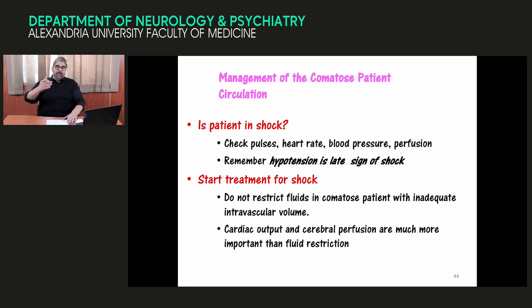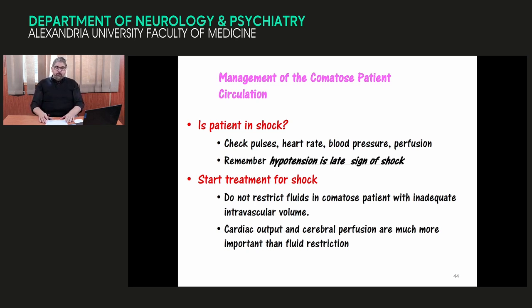If the patient is tachycardic, pale, or sweating, even cold sweat, all these signs, the pulse, the heart rate, may be very early signs of shock, and we should catch it very early, because if we wait for the patient to have hypotension, we will wait for a long time and the patient may be lost this way.